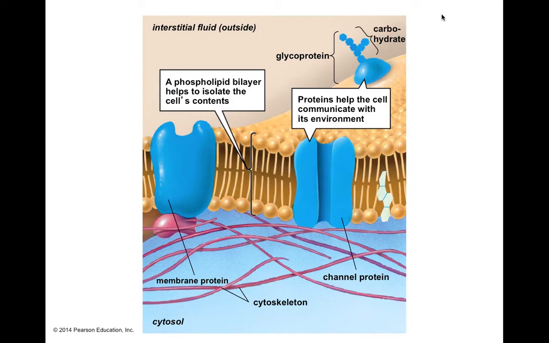Additionally, we have carbohydrate molecules in here. These are called glycoproteins. These proteins are actually identification markers that say what type of cell it is, what type of organism it is. So not just that it's a pig cell, it's a pig heart cell, or not just that it's a human heart cell, it's Dr. Griffith's human heart cell.